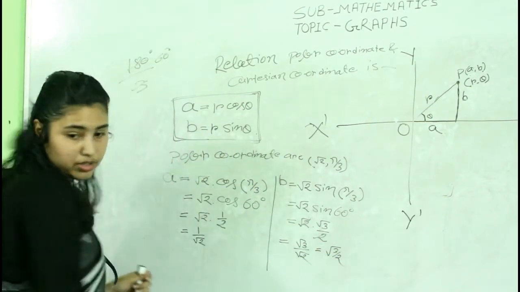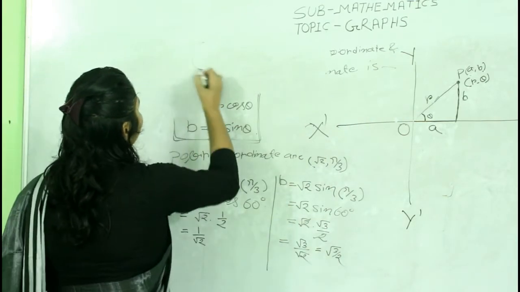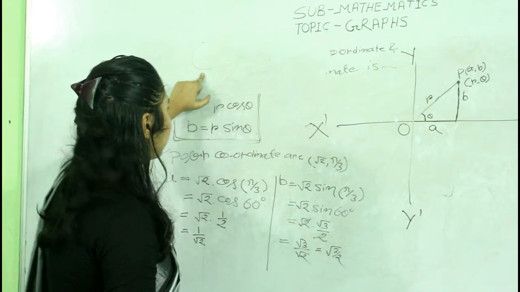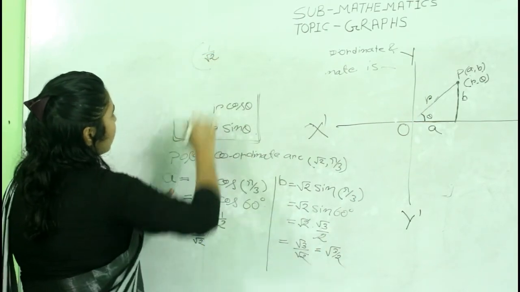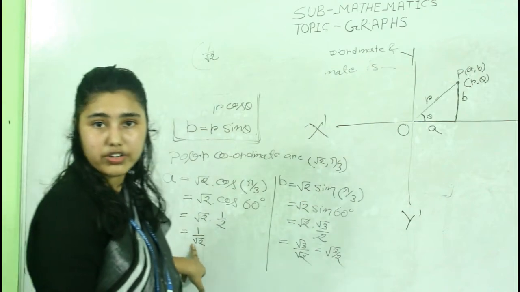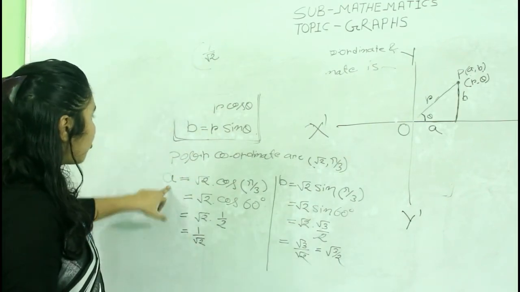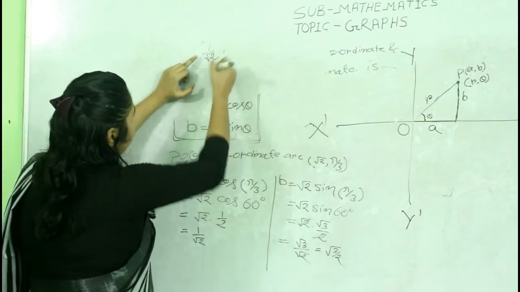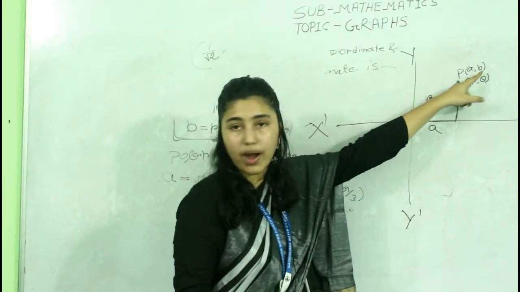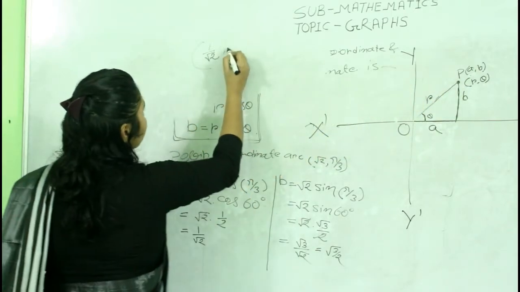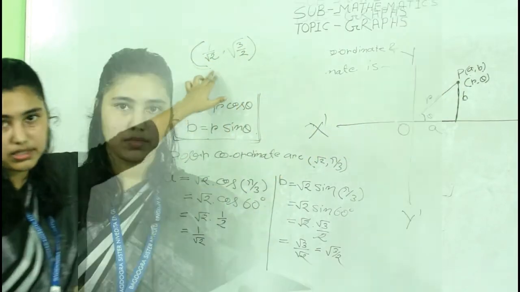So our Cartesian coordinate (a, b) is: put a first because a is the coordinate of the x-axis. Next take the value of b because b is our y coordinate. That means (1 by root 2, root 3 by 2). So this is our answer.